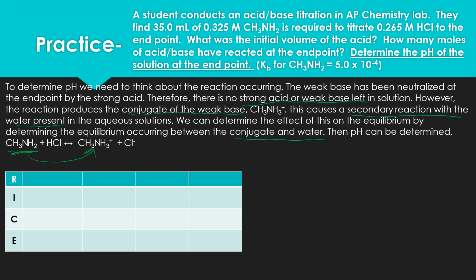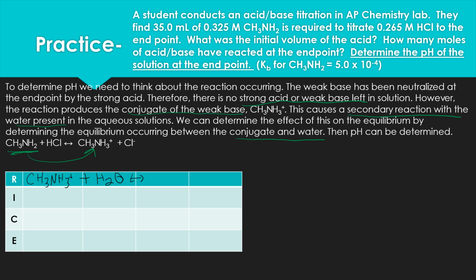So we can see our normal reaction that took place. And when this reaction occurs, we create that conjugate, so CH3NH3+. So I'm going to take that, and we're going to explore what that chemical does when it's added to water, because it's hanging out in that aqueous solution. So what happens there?